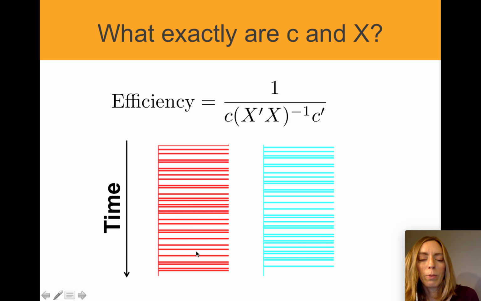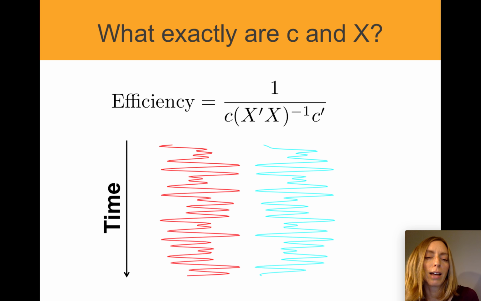But these aren't what we model, because the stimulus time courses aren't the things that we measure, because we're measuring something that's filtered through hemodynamics. So what we have to do is mimic that in our regressors by the operation of convolution with a double gamma hemodynamic response function. So that gives us this, and I will show you the code that you can use to generate these on your own in R shortly.